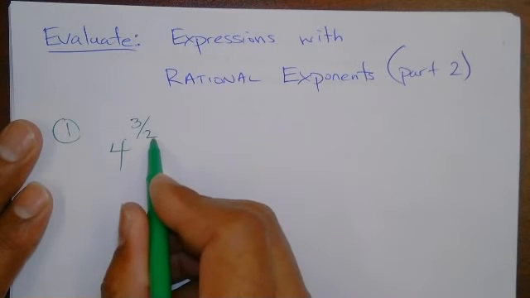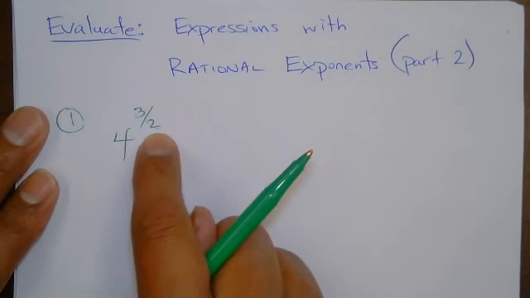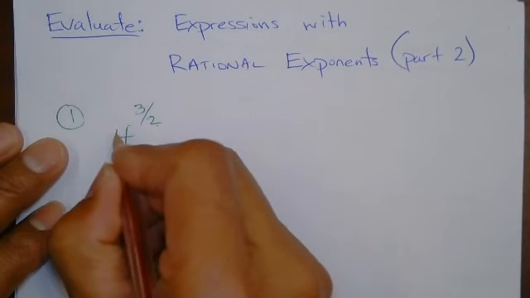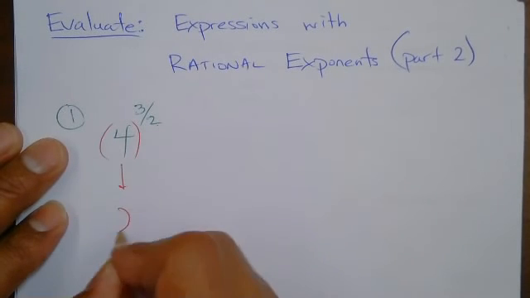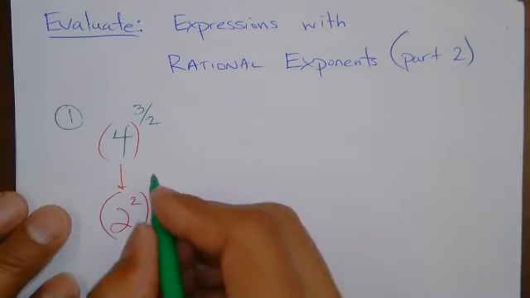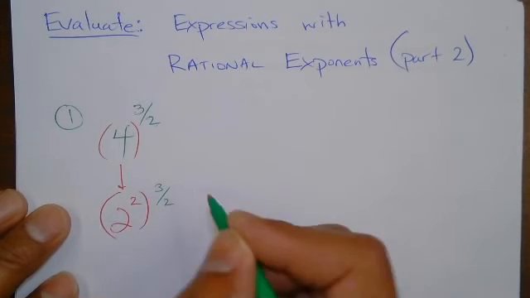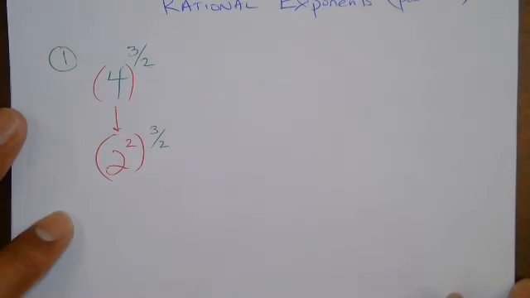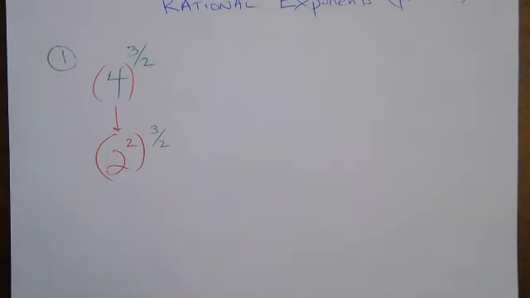Well, the key number is this 2, right? That means that the 4, I should be able to write it as some number squared. Does everybody agree 4 is what? 2 squared? Yeah. Raised to the 3/2, yeah? Okay. And what's going to happen there?